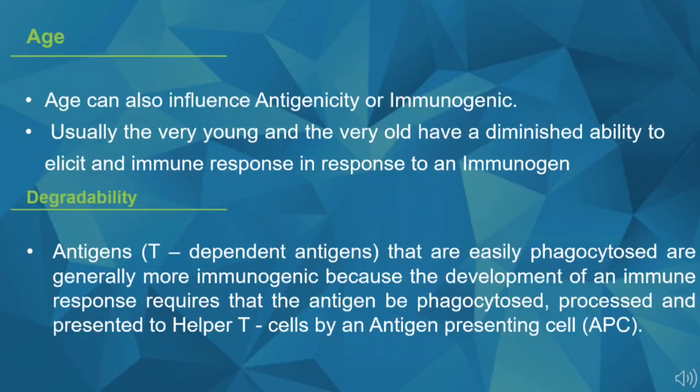And the next is degradability. Antigens that are easily phagocytosed are more immunogenic in nature. They are broken down into smaller fragments of appropriate size which contain the antigenic determinants. Antigens introduced into the body are degraded by the digestive enzymes of the phagocytic cells to be presented by the APC, antigen presenting cells.